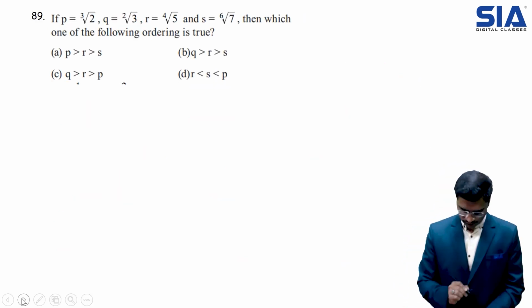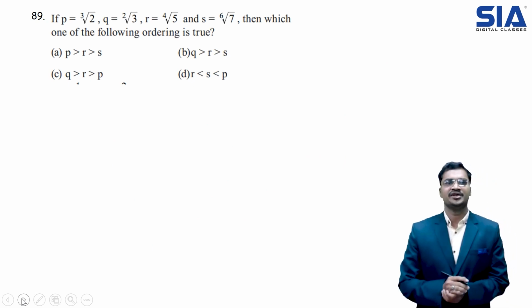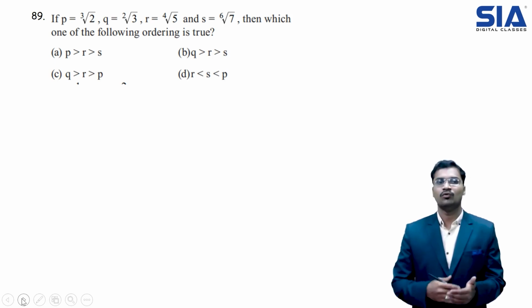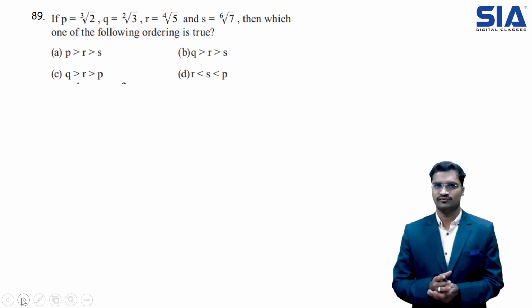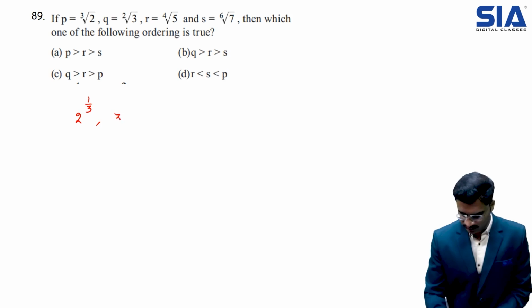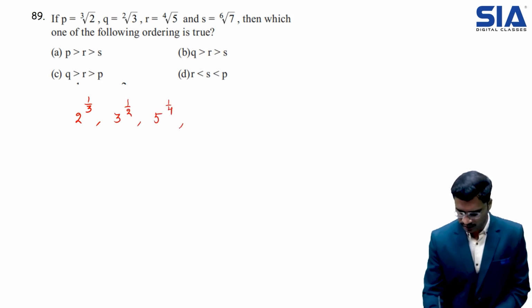Now coming to the next one: if p is given as cube root of 3, q is given as square root of 3, r is given as fourth root of 5, and s is given as sixth root of 7, then we should compare these values. So cube root of 3 can be written as 3 to the power of 1 by 3, then 3 to the power of 1 by 2, then 5 to the power of 1 by 4, then 7 to the power of 1 by 6.